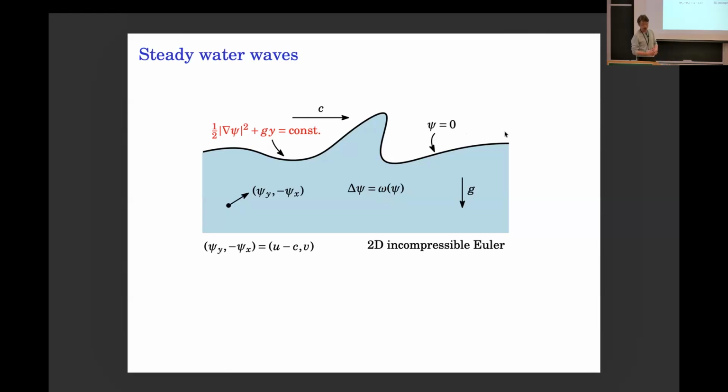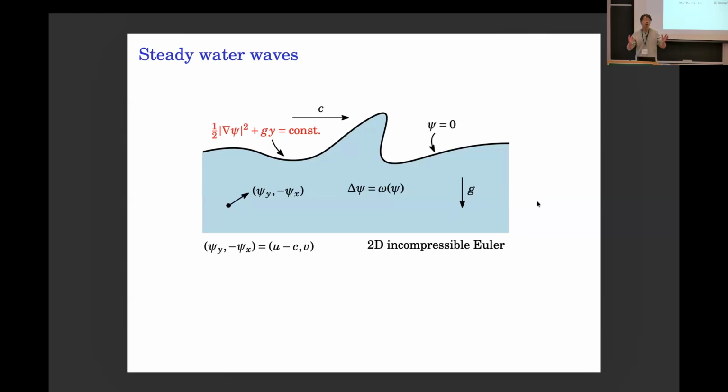But there's a price you pay, which happens in the dynamic boundary condition, which was a constant pressure condition. Now it's written in this Bernoulli form, which is basically saying the kinetic energy plus the potential is a constant. Okay, so this becomes a fully nonlinear boundary condition.